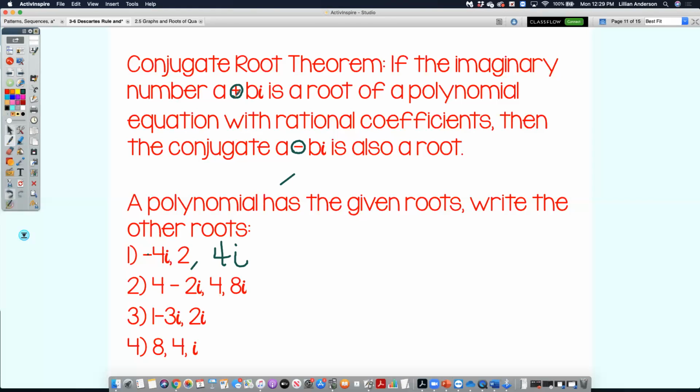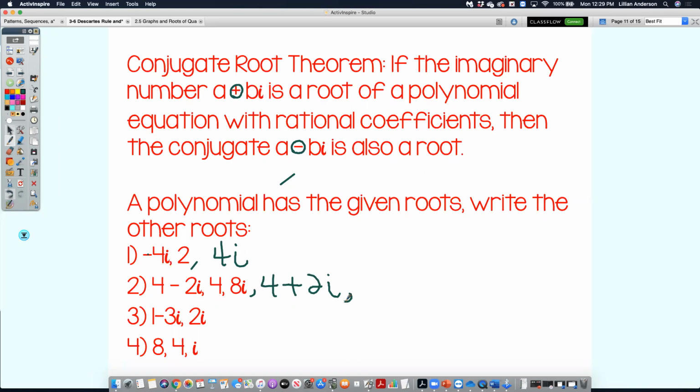So for example, like in number 2, you have 3 zeros here, or at least that are written down. You have 4 minus 2i. Its conjugate would be 4 plus 2i. You only change the part that's imaginary, you only change the b part, okay? 4 is a real number. Real numbers don't have pairs unless it tells you that it's a double root or something like that.